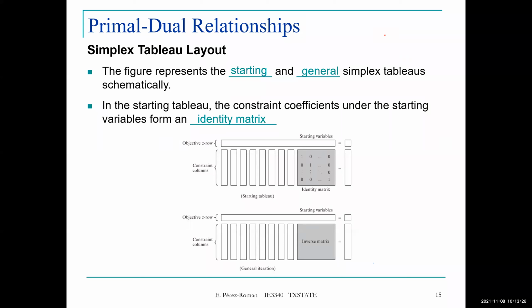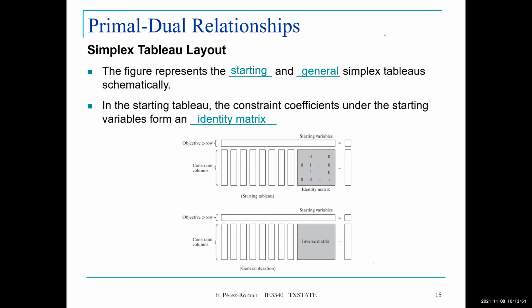So when you set up your initial tableau, you can identify the starting or basic variables by the identity matrix, right? Those are your basic variables. Those are the ones that are going to give you the initial solution for the problem. And this is the starting tableau.